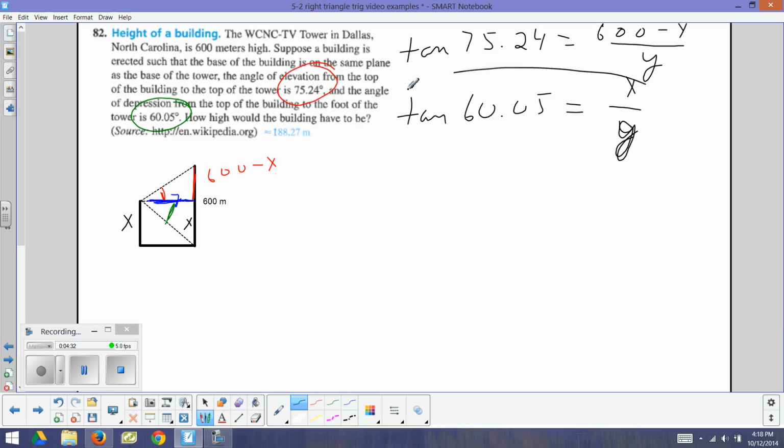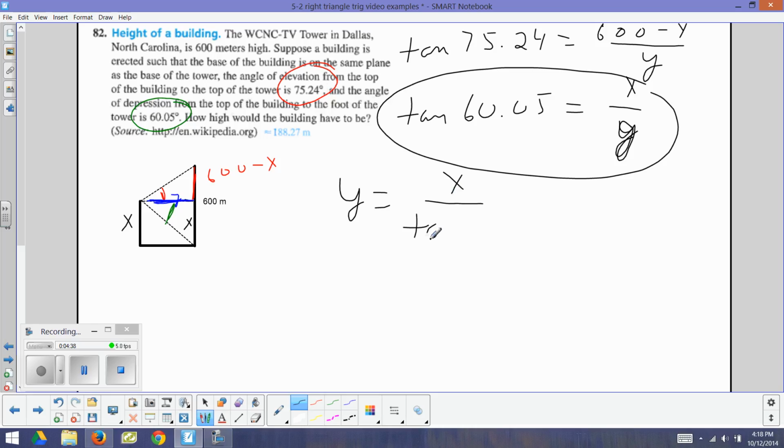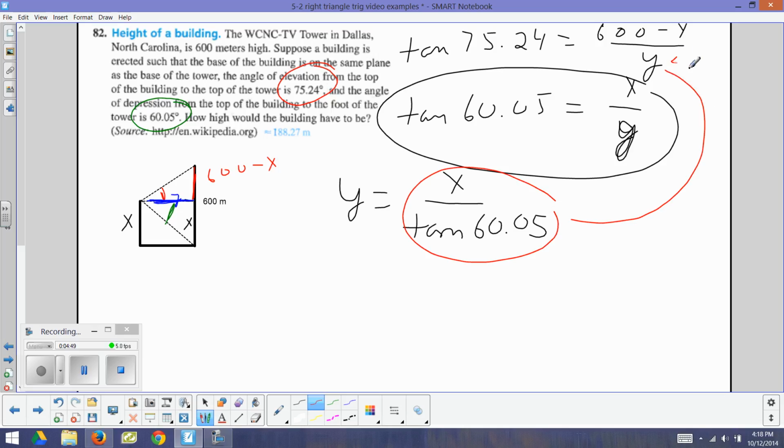So I am going to take the second equation here and solve it for y. So y is equal to x over the tangent of 60.05. And with that, I'm going to substitute into the first equation.